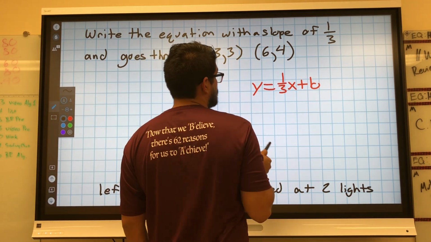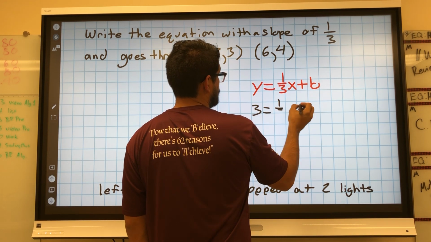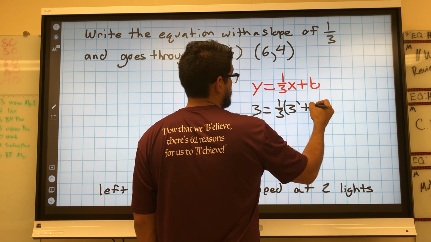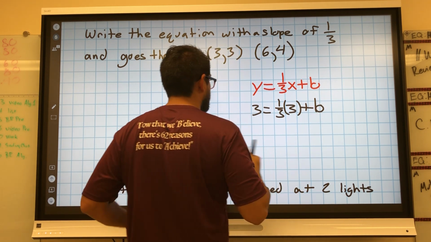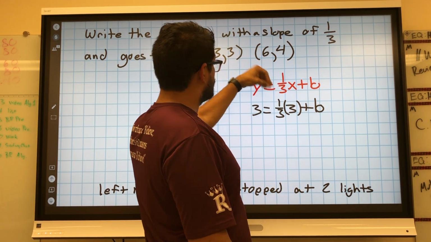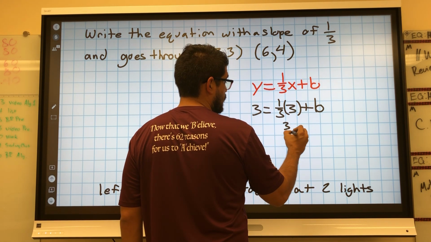Let's choose the 3, 3. So it's not confusing, 3 goes here, 1/3, and 3, plus b. Okay. So when I put 3 in the equation, the answer also has to be 3. So 3 times 1/3 equals 3 over 3.